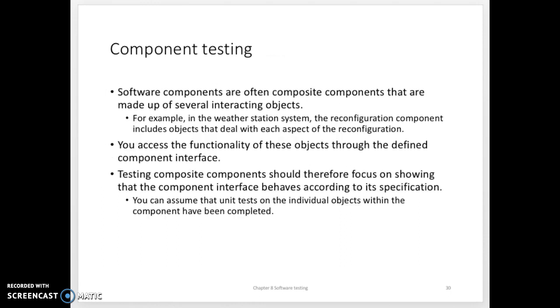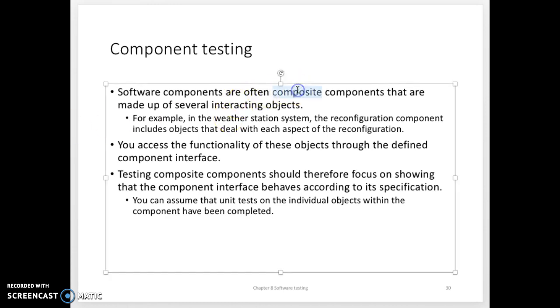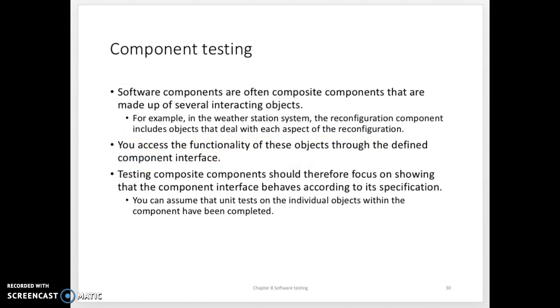Then we talked about unit testing, and then component testing, which is composite components made up of several interacting objects, or what we call units. We access the functionality of these objects through a defined component interface. So as we have a unit interface, we have a component interface as well.